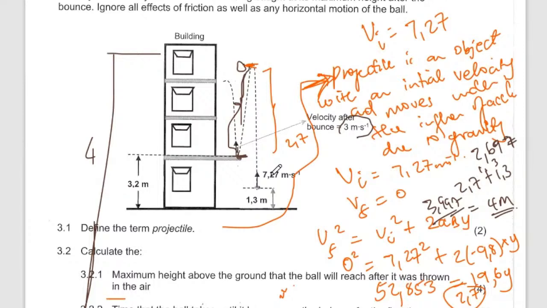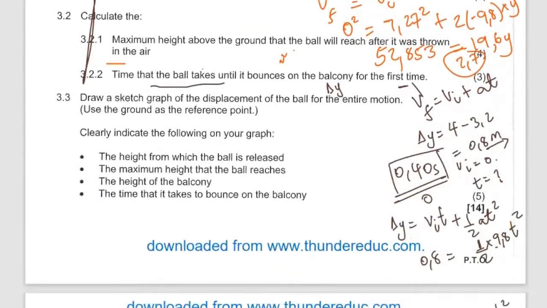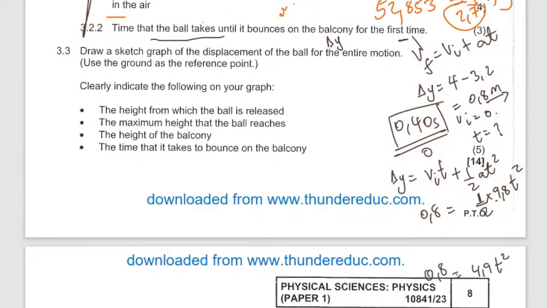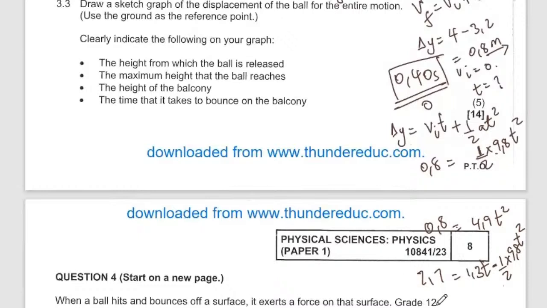That's very correct. It's 2.7, and then the time as well. So 2.7 is equal to now the initial, which was 1.3, times t, now subtracting a half times 9.8 t squared.